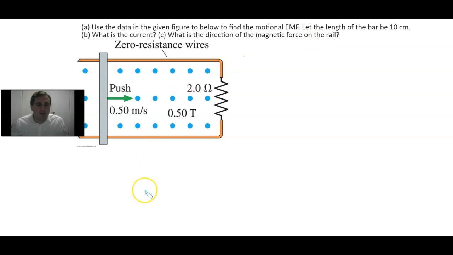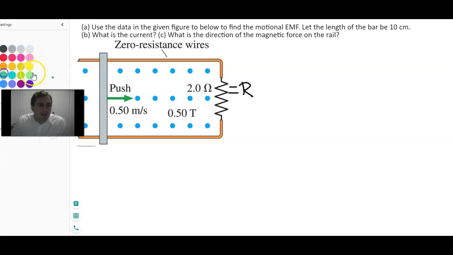Okay, so let's label everything with the appropriate units and the appropriate symbols. Let's start off here, since I have the black pen out. 2.0 ohms, I think that's the resistance, so let's call that capital R. Let's also label the velocity, here in green. This is V equals 0.50 meters per second.